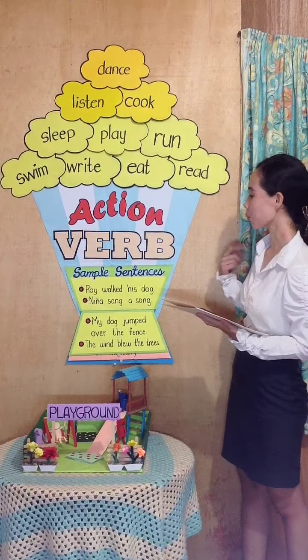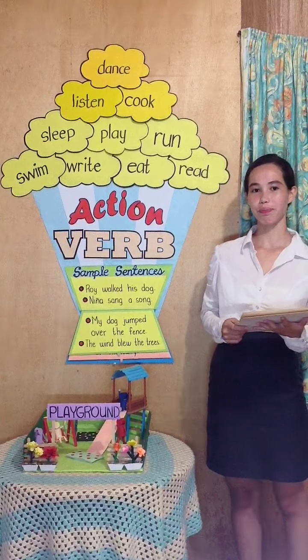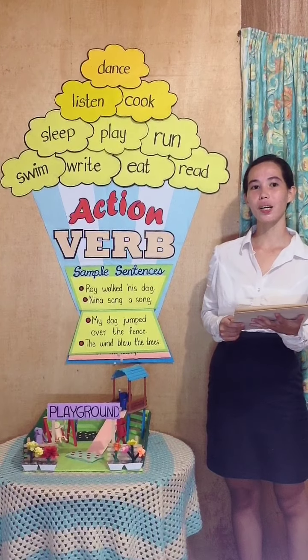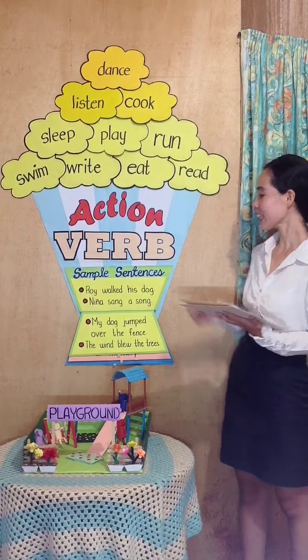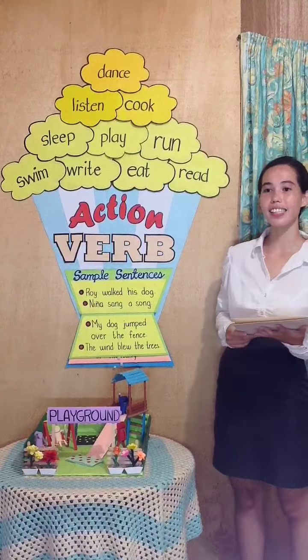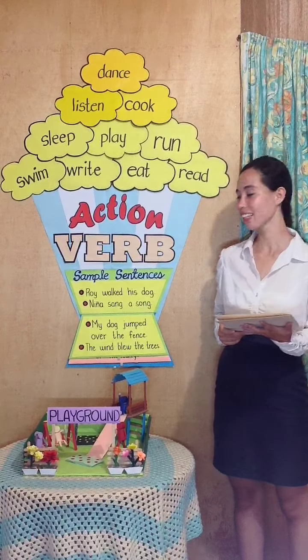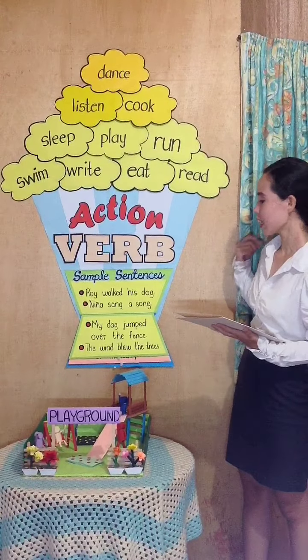It is the word sang. How about in sentence number 3? Yes, Katadman. Okay, very good. It is the word jumped. And lastly, for the last sentence, yes, Nuval. Okay, perfect. It is the word blew.